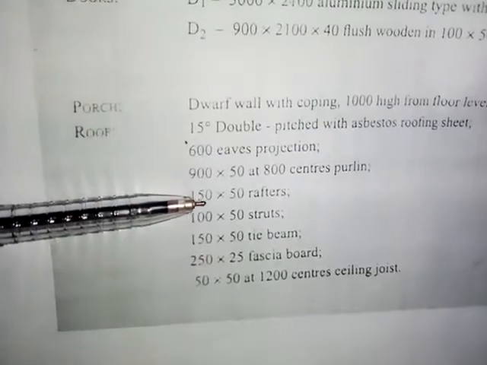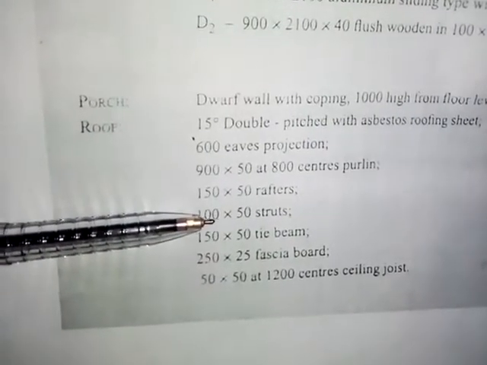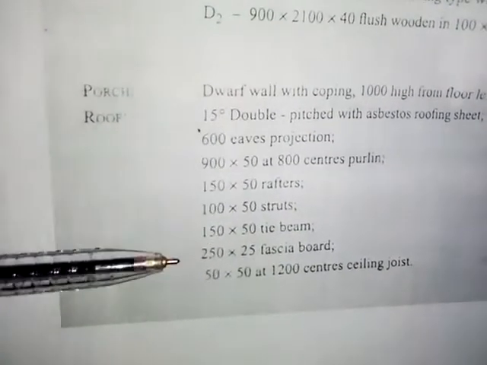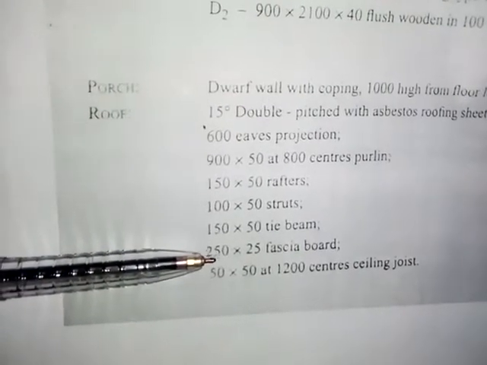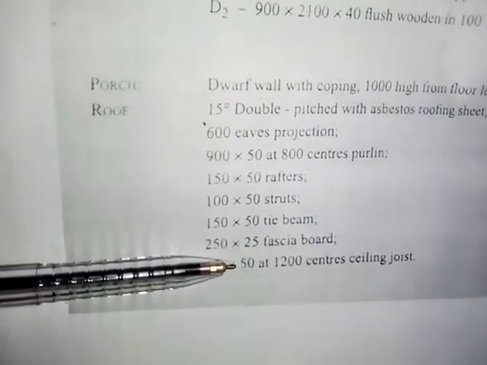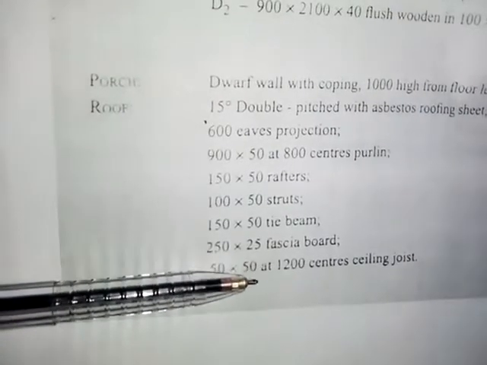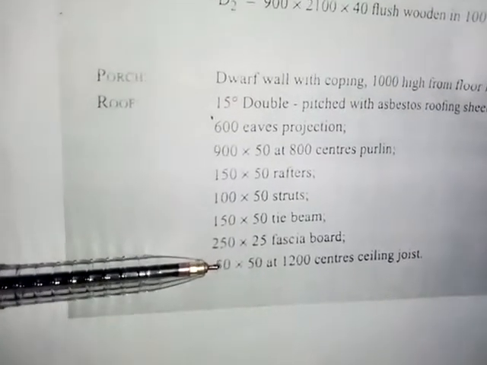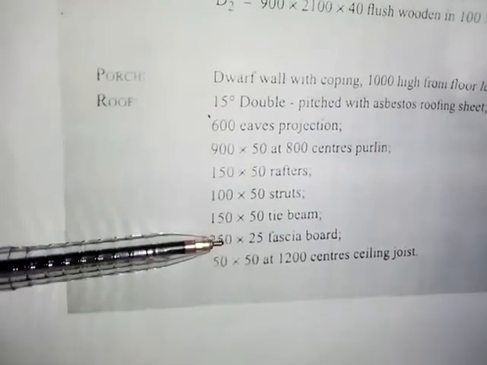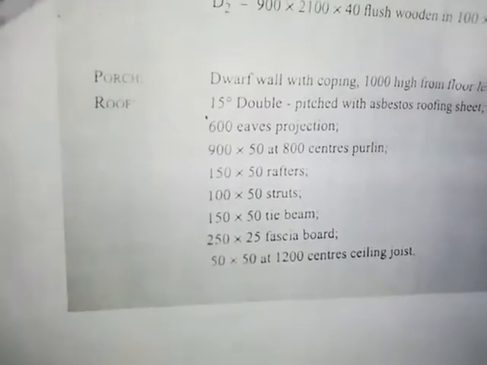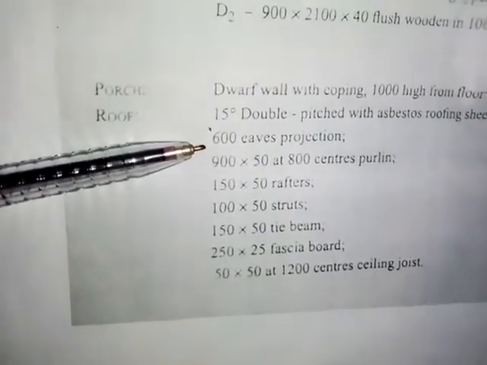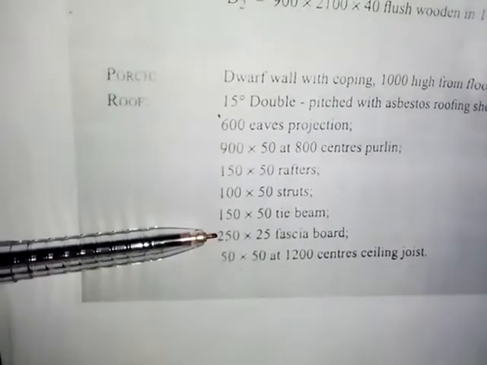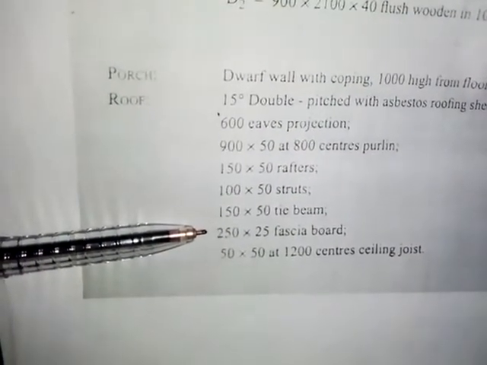We are not going to make use of rafter. We are not going to make use of strut. We are not going to make use of tie beam. We are going to make use of fascia board, and the ceiling joist, we are not going to make use of it in this front elevation. So we are only going to put the fascia board there. So two things are we using here: the angle, the eaves projection, and fascia board. Those are the things that we are making use of here.